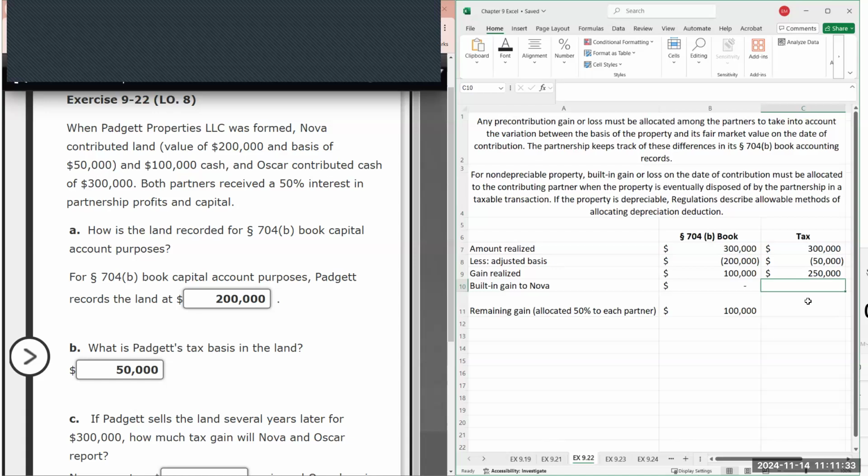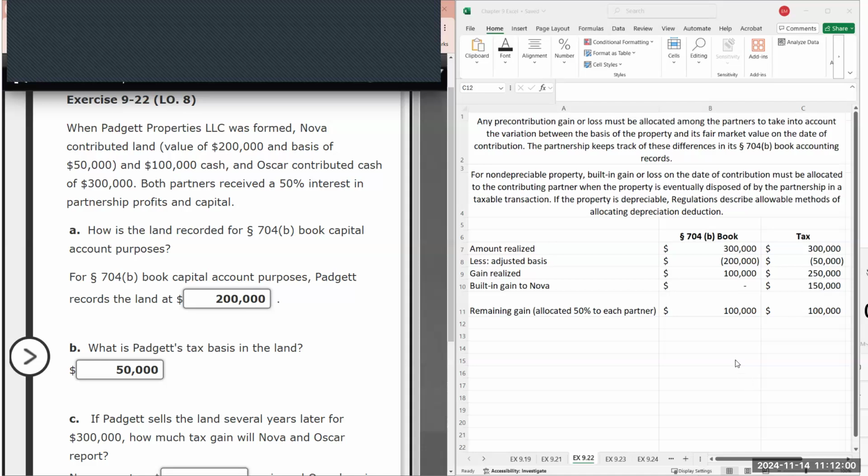So there's a built-in gain of 150,000. 200,000 minus the 50,000, there's a built-in gain of $150,000. So in such case, it's the gain realized minus the built-in gain to Nova that Nova would need to account for. And then this $100,000 would be allocated to each partner.